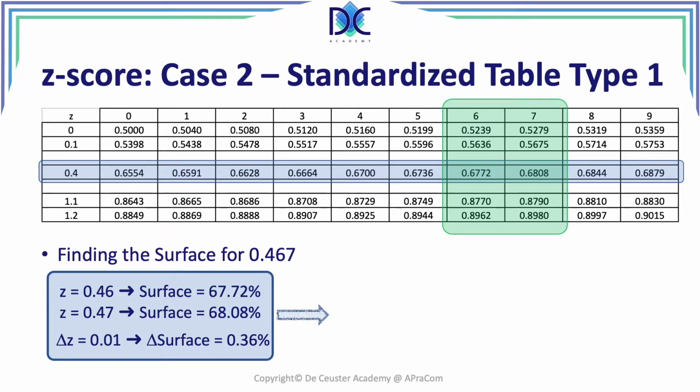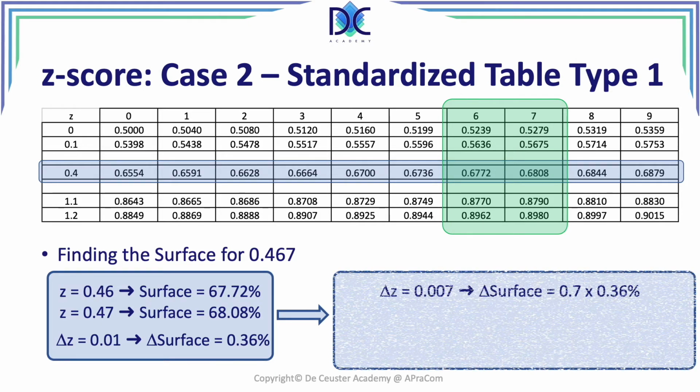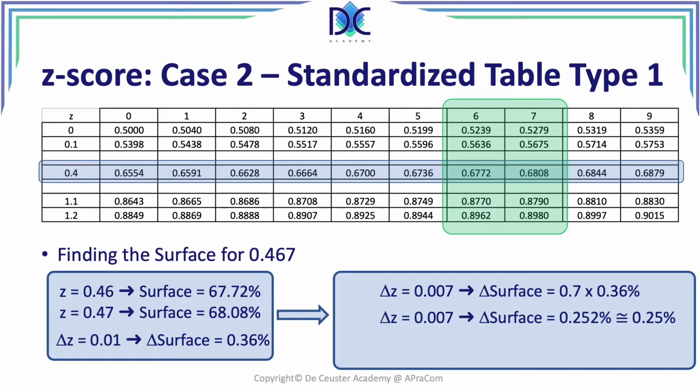Based on this, we can find what is the difference that we have. The difference is 0.007. So basically we have to multiply the surface with 0.7, which gives us 0.7 times 0.36%, which gives us approximately 0.25%.